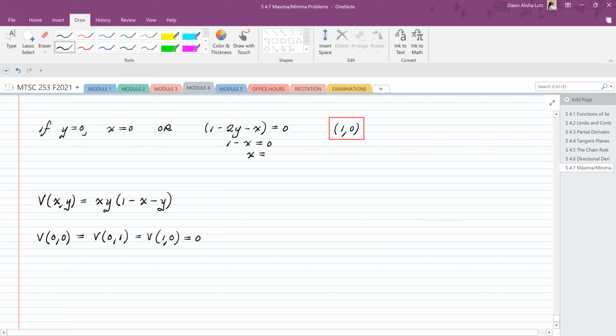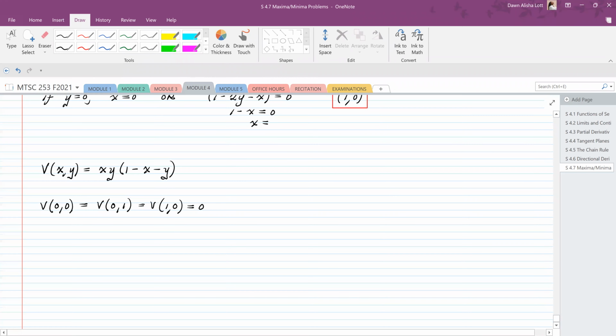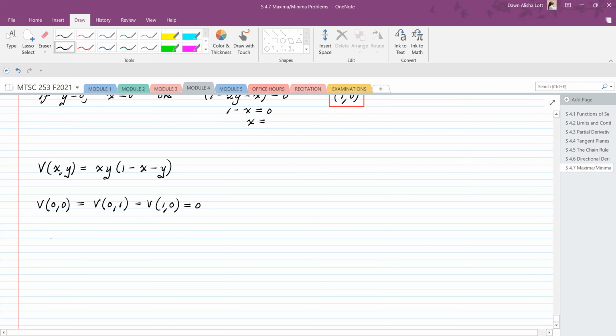So all of those are minima. The only one that's not is V at (1/3, 1/3), which is 1/3 times 1/3 times (1 minus 1/3 minus 1/3). That turns out to be 1/3 cubed, so that's 1/27. And that's what we get.